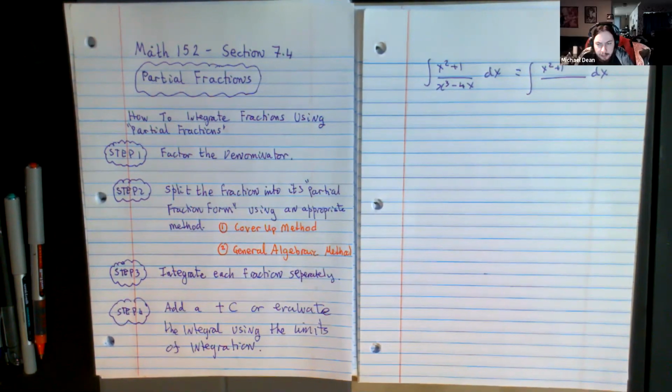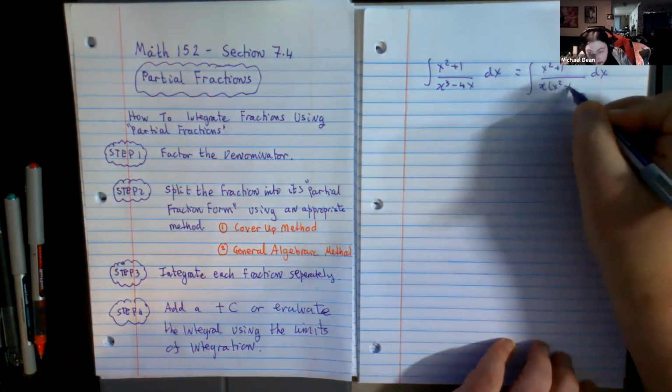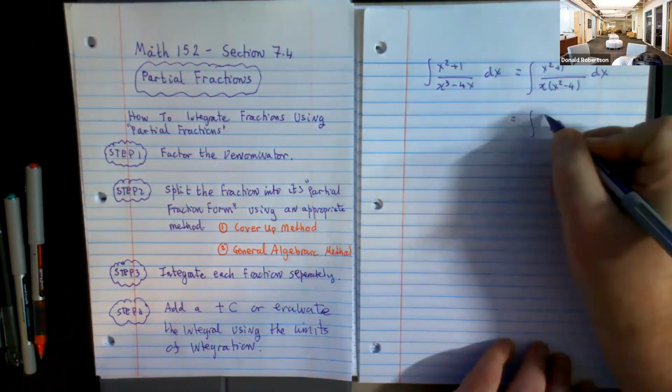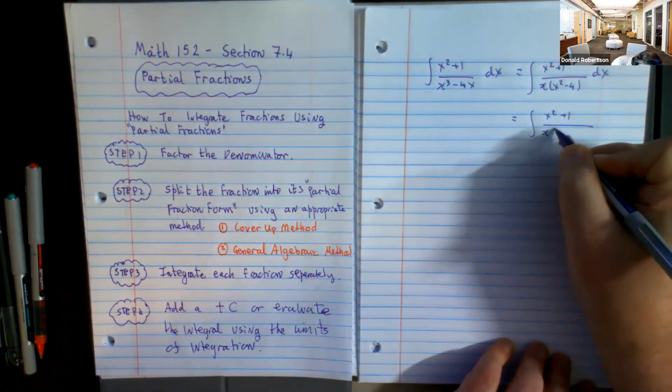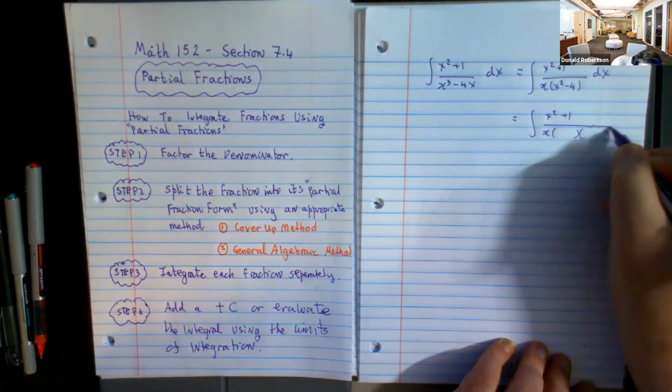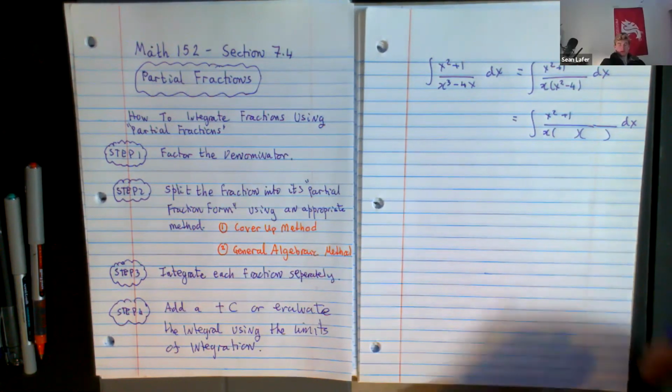Pull out an x. Okay, good start. Can you do anything with x squared minus 4? Because I can. Do you recognize x squared minus 4? Because it does factor: x plus 2, x minus 2.